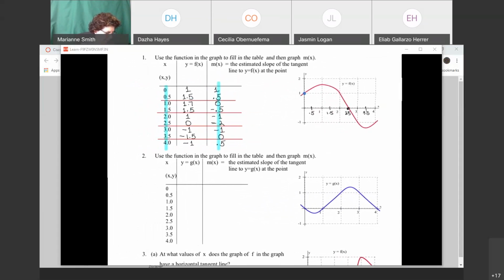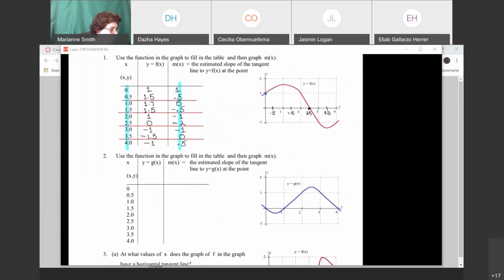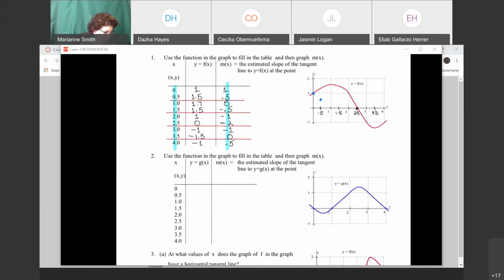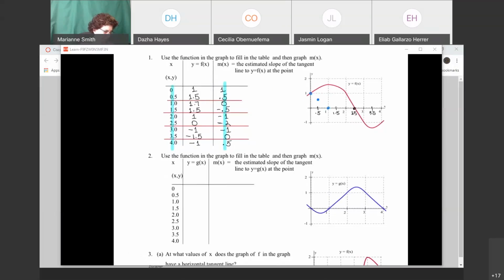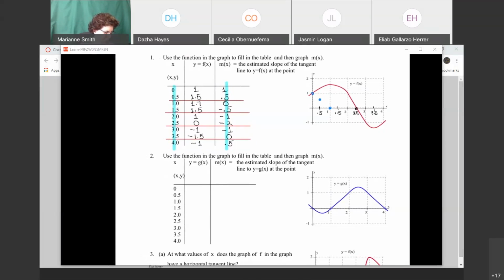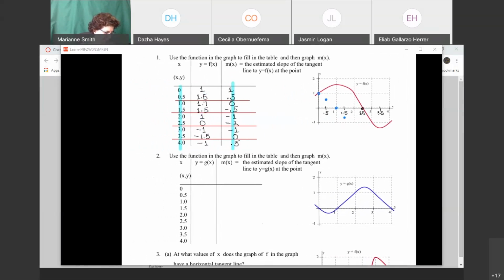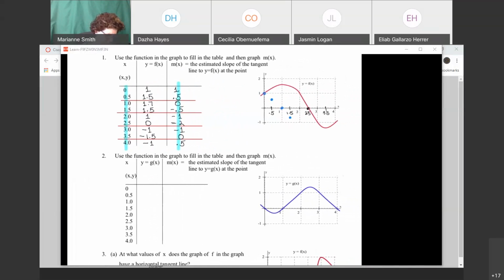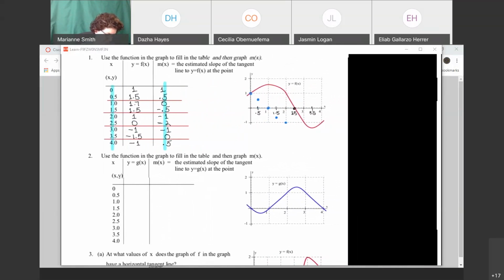Then I have 0.5, 0.5. Hey, everybody see where I'm getting the values from? Then I have 1, 0. And then I have 1.5, negative 0.5. Then I have 2 and negative 1. 2.5, negative 2.